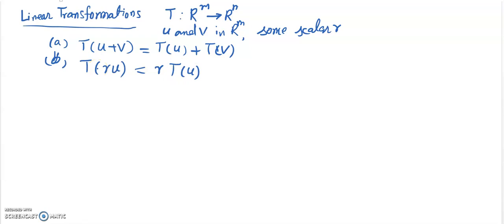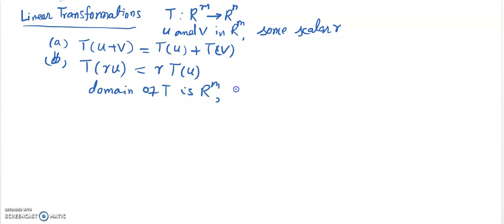In this case we will call this the domain. The domain of this transformation will be Rm, that means the set of all vectors with m components.